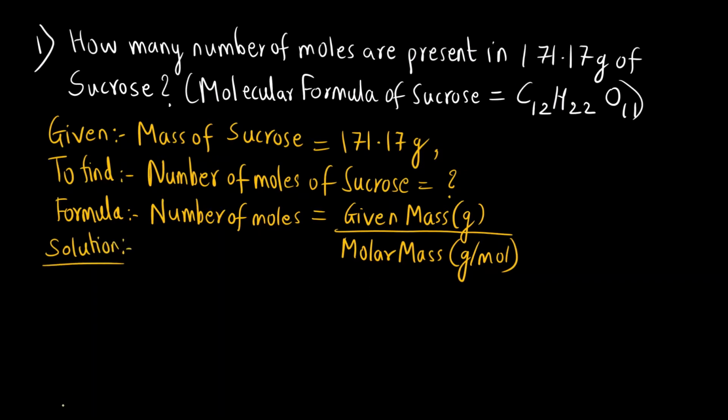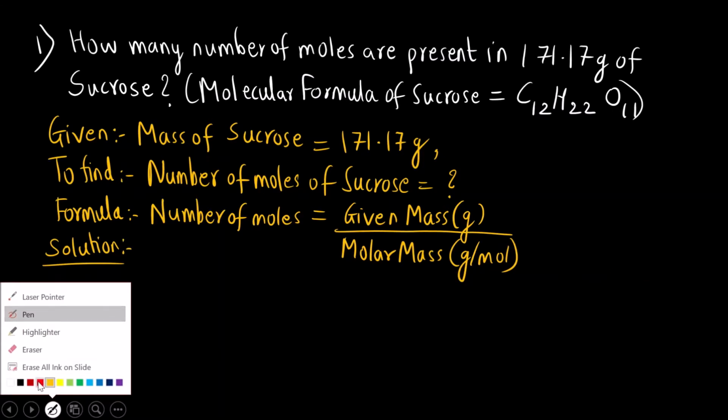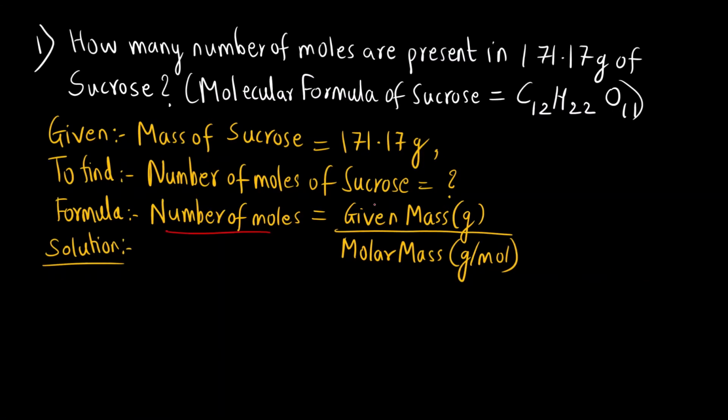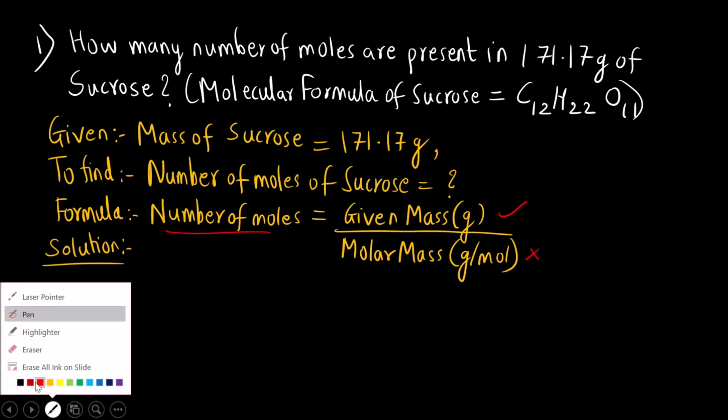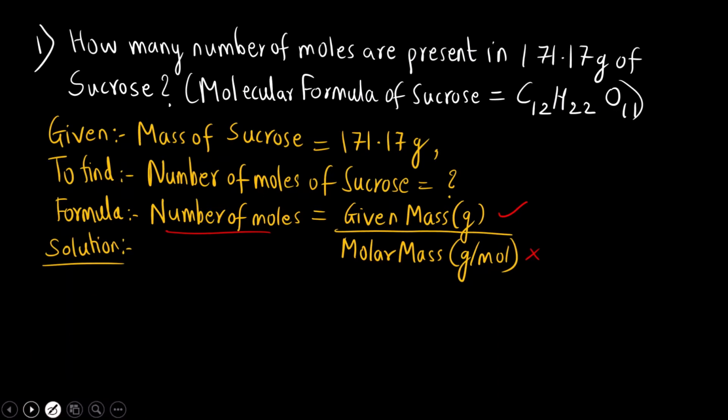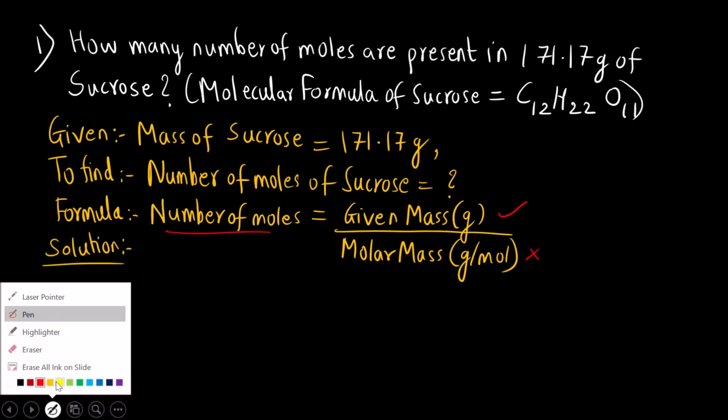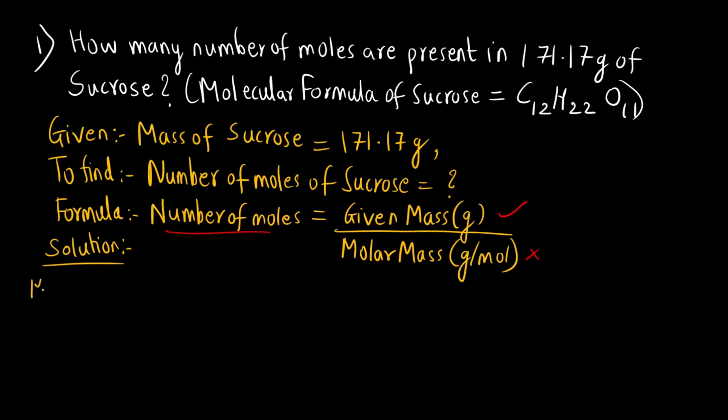For finding out the number of moles, you can see the mass is given, but we don't have the molar mass. So first we have to calculate the molar mass of sucrose using the molecular formula that is given.